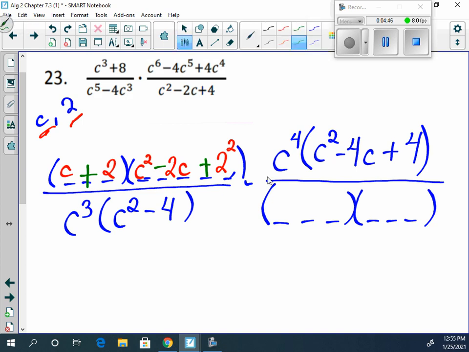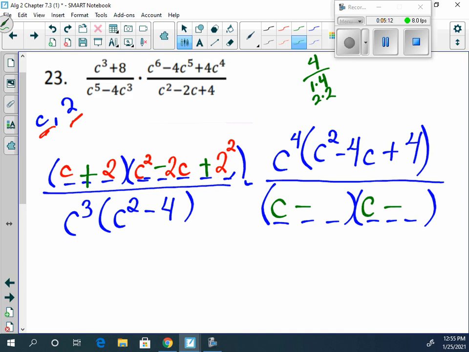Since the 4 is positive, the signs are the what? The same, and they match the sign of the middle term, which would be negative and negative. The factors of c squared are c and c. Now the factors of 4 are 1 and 4, and 2 and 2. They're going to have 1 and 4 or 2 and 2.